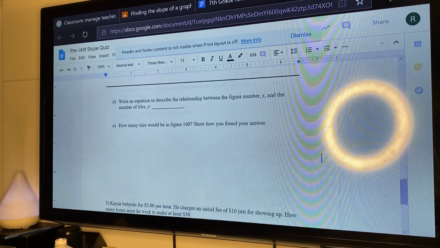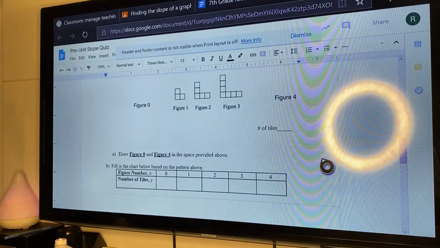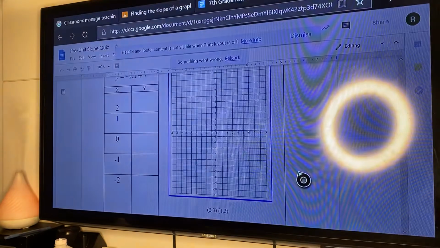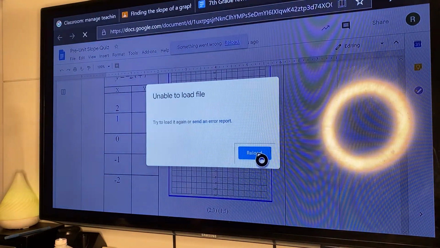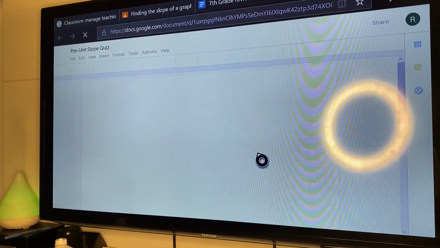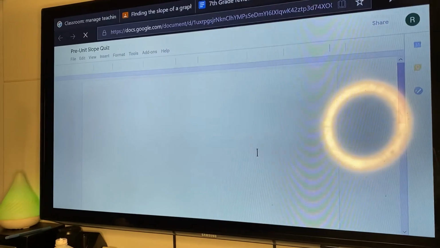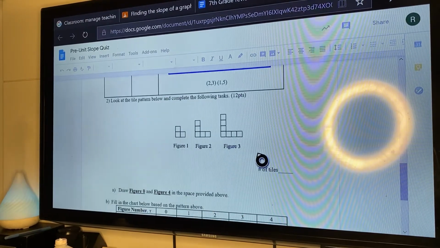Perfect. Oh yeah. Reloading file. Be patient. Just skip it if you don't want to sit through it. There we go. Perfect. All right.